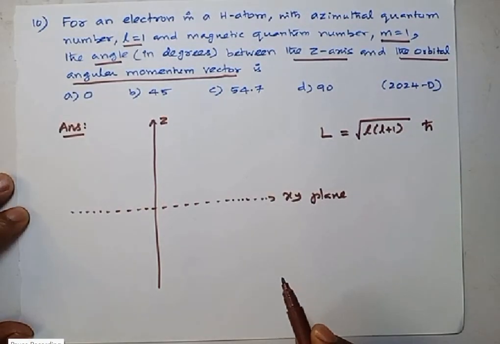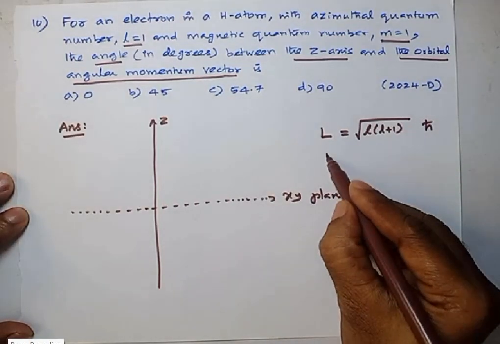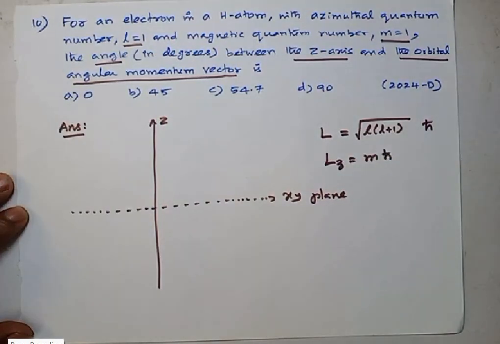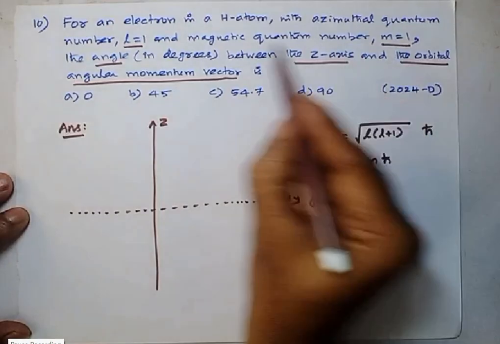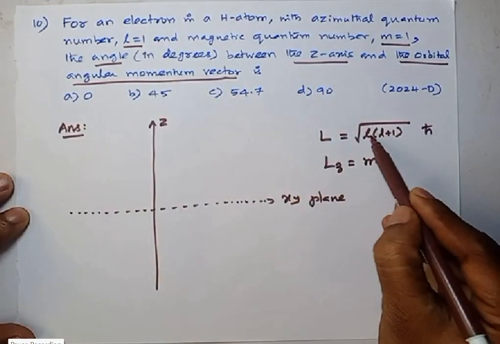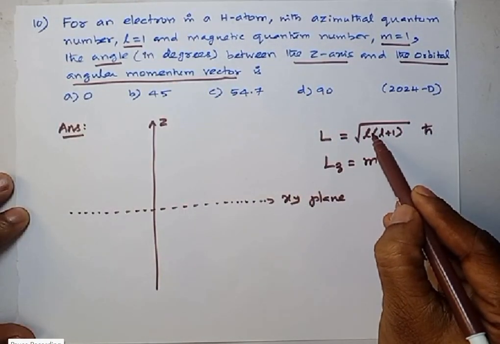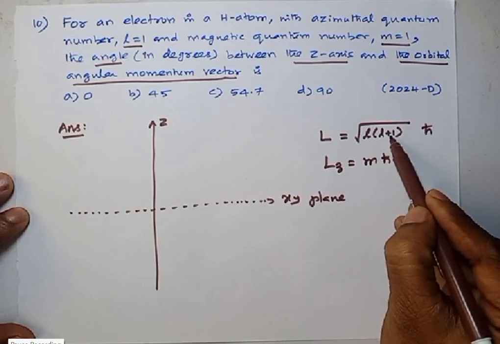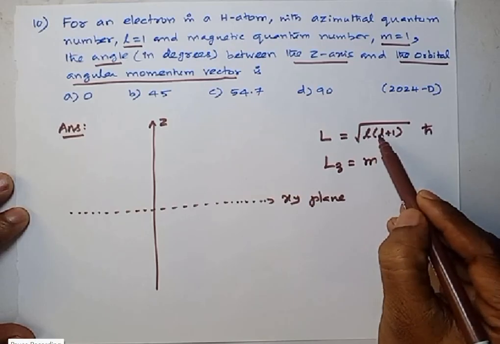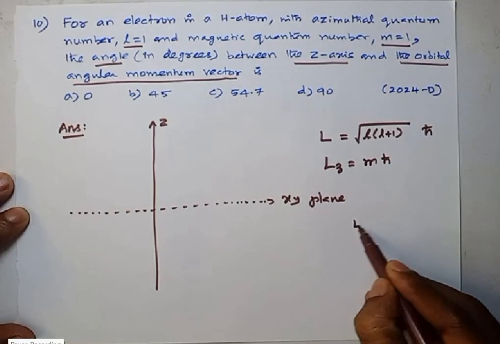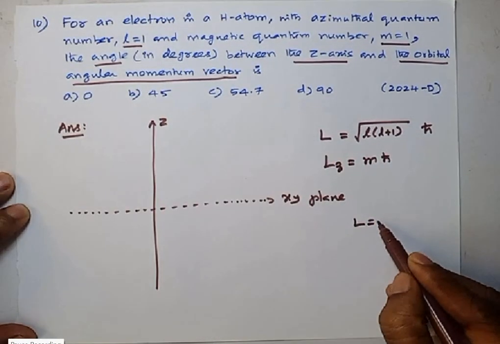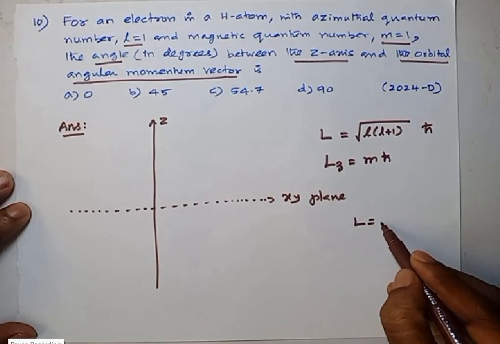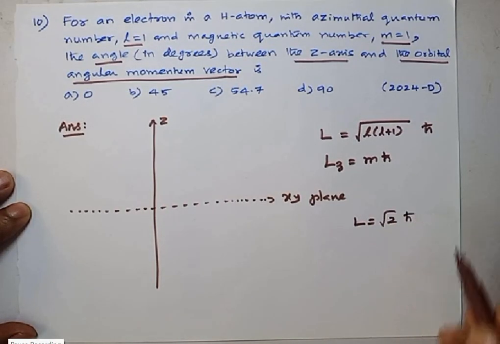And the z component of angular momentum is m into h cross. Since L is equal to 1 here, I get 1 into 1 plus 1, that is 2, so root 2 h cross. So for our problem, the total angular momentum is square root of 2 into h cross.